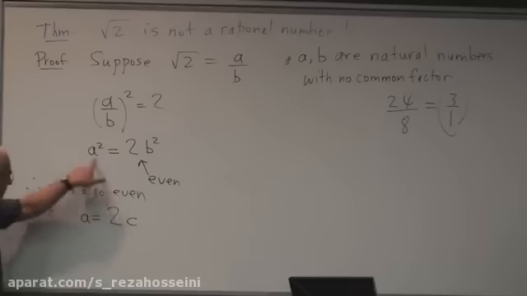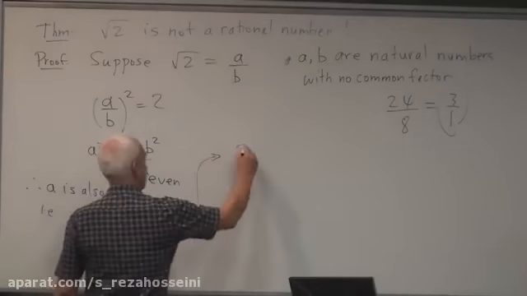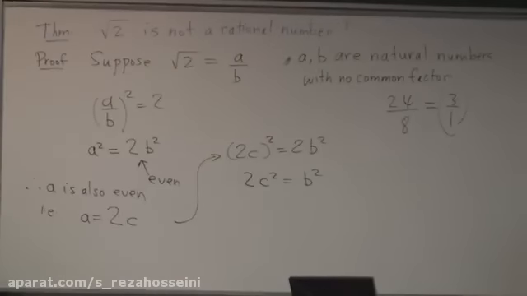All right, now we're going to plug that back in here. Now we get (2c) all squared equals 2b squared. And when we expand this out and divide by 2, we get 2c squared equals b squared, because there was a 4 and a 2, and the 2's cancel, so we have a 2 on this side.